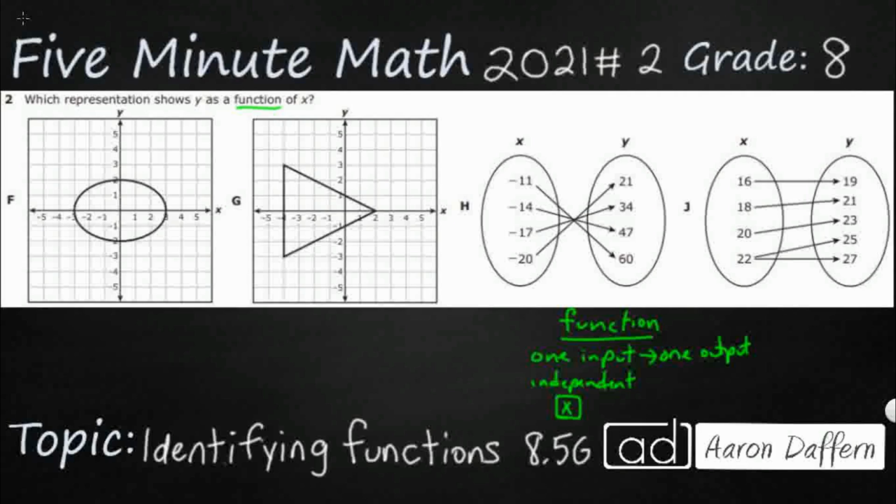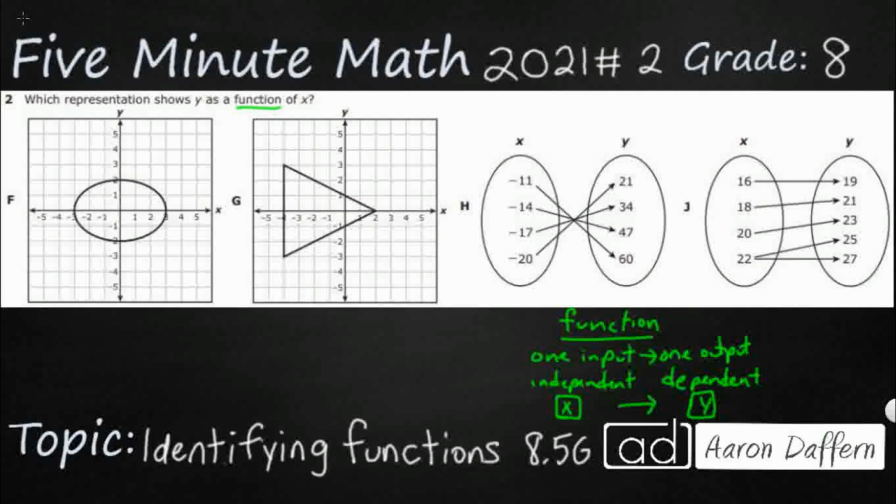We do something to it: multiply, divide, add, subtract, exponents. And we always get on the other side of the equation, and usually what we're solving for is our dependent variable. So our y depends on whatever we do with x, and our y changes based on what happens with our x. And when one x leads to one y, we are good to go.